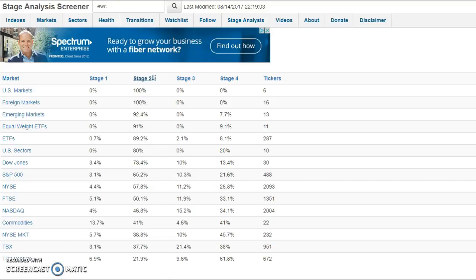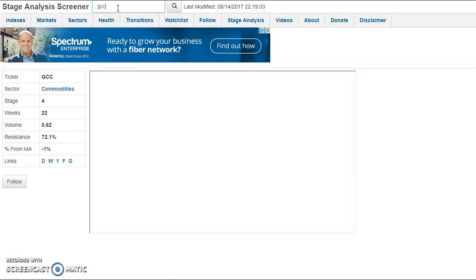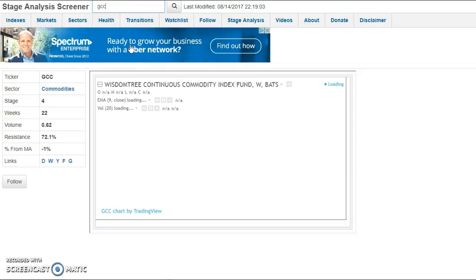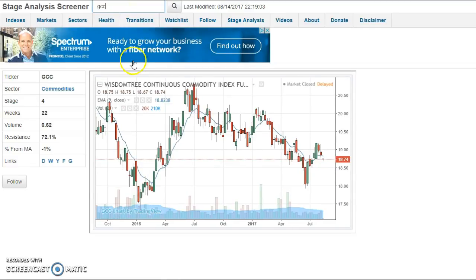And then, as I said, the Canadian indexes are heavily influenced by commodities. So if you look at the GCC ETF, which is one of the best ETFs to look at to understand the trend in commodities, you can see that GCC is still in stage 4.